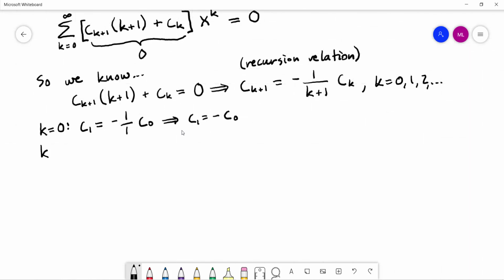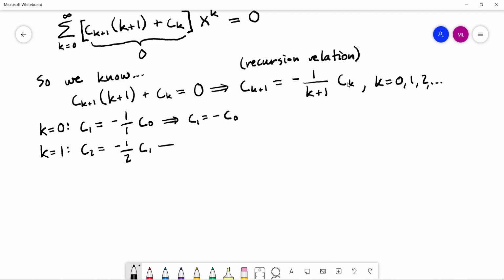Then we can go to k equals 1. When k equals 1, I'll plug in 1 in all of these locations, and I'll have what c sub 2 is in terms of c sub 1. So c sub 2 is going to be equal to, again, plugging in k equals 1, negative 1 over 2, so negative 1 on top, 2 on the bottom, times c sub 1.